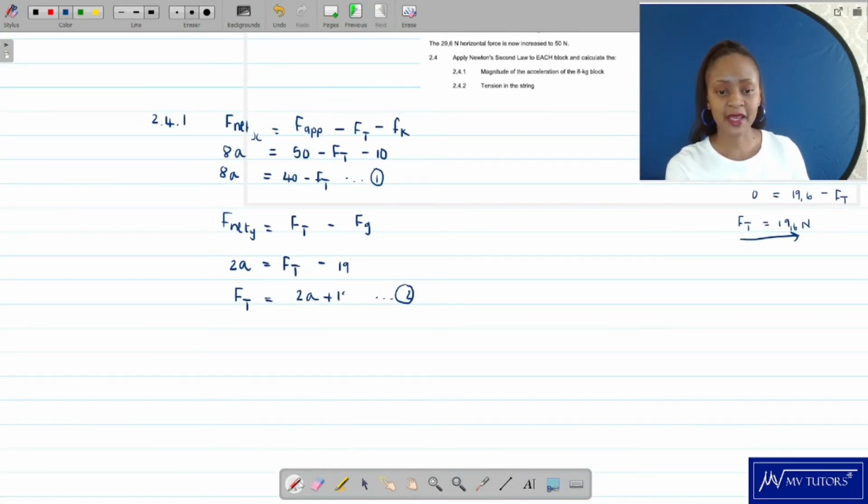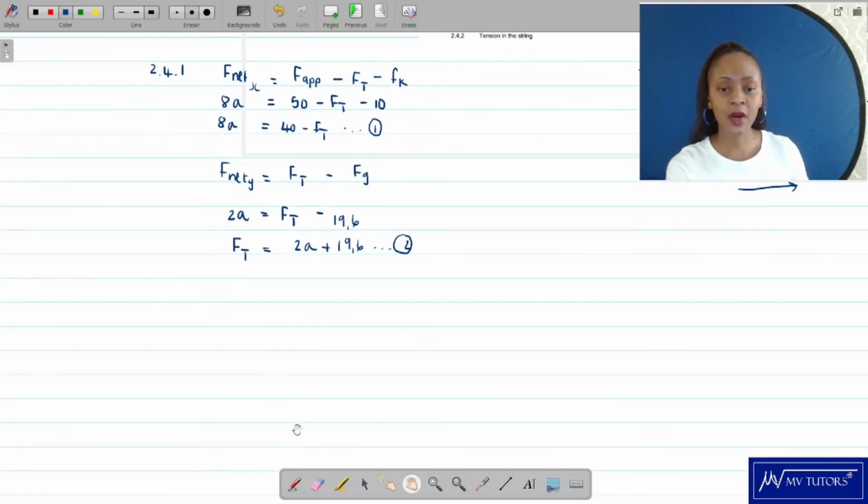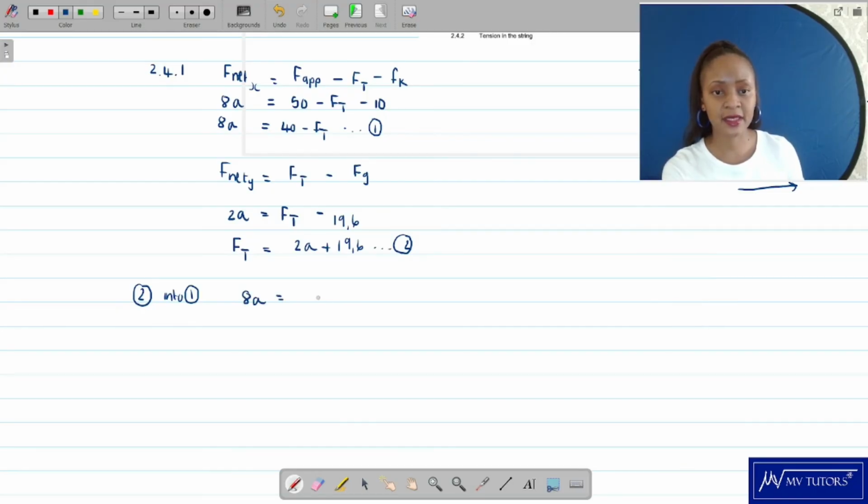Oh, look at me, I erased my values there unintentionally. So 19.6. All right, so now I'm going to substitute equation 2 into equation 1. In equation 1, I have 8a is equal to 40 minus Ft.